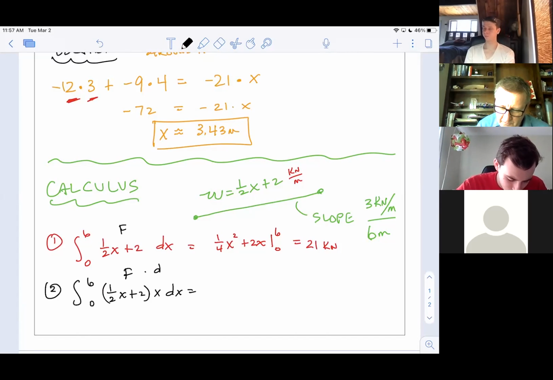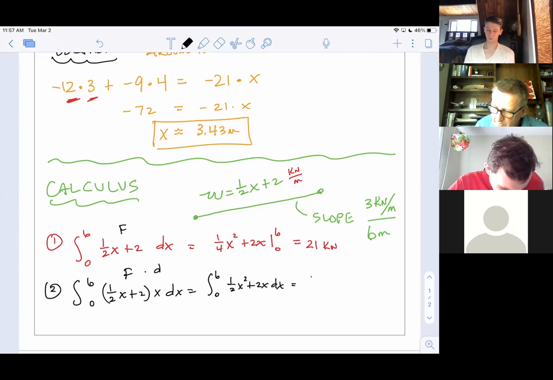Let's see what that produces. From 6 to 0, if I distribute x in there, that'd be 1/2 x squared plus 2x. Now if I take the integral of that, the x squared would turn into x cubed and I would divide by 3. There's already a 2 down there, so it'd be a 6. Then the integral of 2x would be x squared, and when I divide by 2, the 2's cancel.